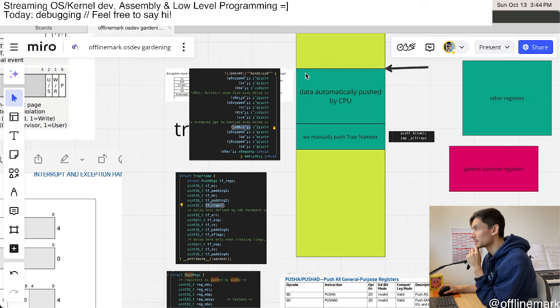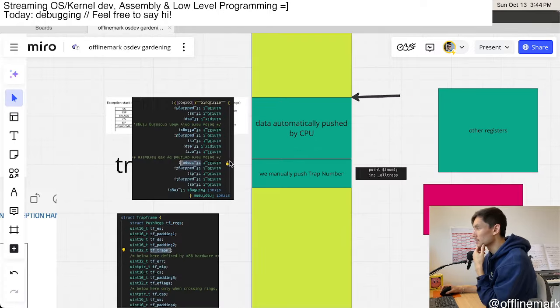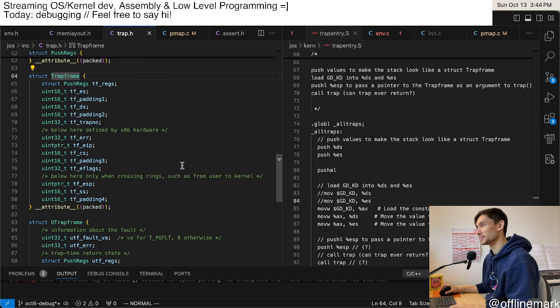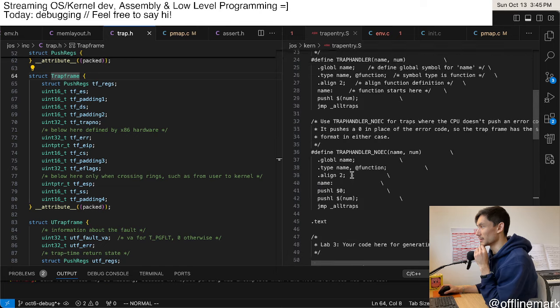They did automatically push by CPU. We manually push the trap number, and it kind of looks like this upside down thing. So the CPU pushes all this stuff. Maybe the error code, maybe not.